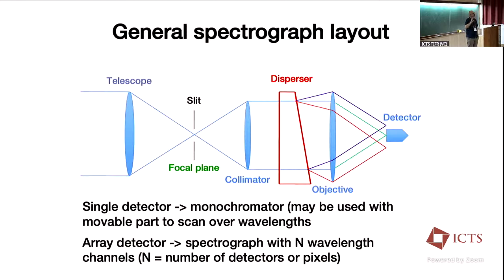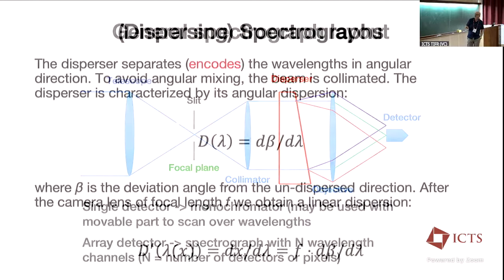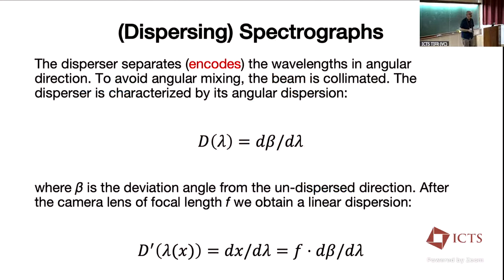Is this okay? Clear? Okay, good. So what defines my spectrum? It's the dispersive element. The dispersive element is characterized by one parameter, which is called dispersion.